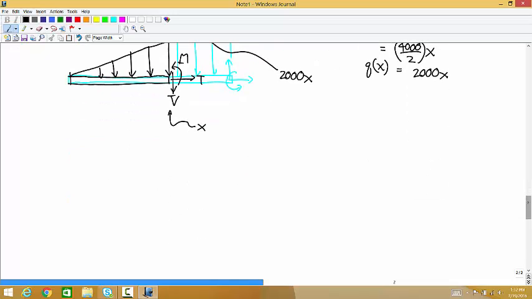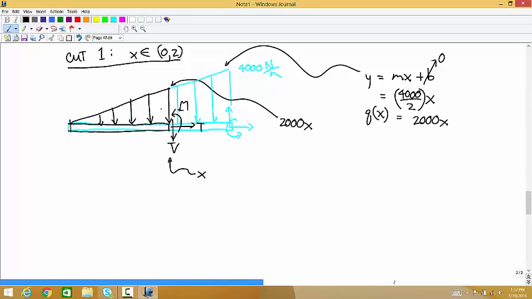Okay, so now we want to represent this chunk of this triangular distributed load as a point force. What we have is a triangle with a height of 2,000x and a width of x. So what's the area? Have you guys had areas of triangles? A lot of times that's like in 10th grade.